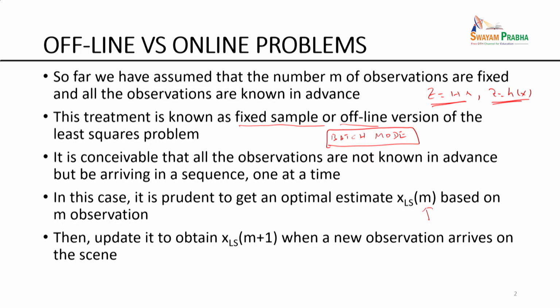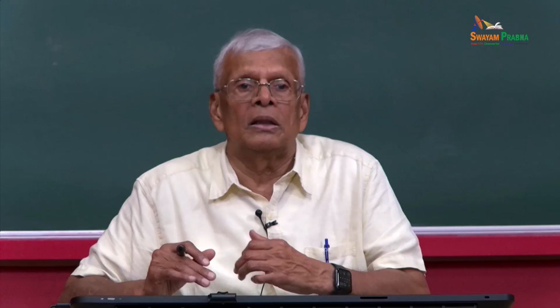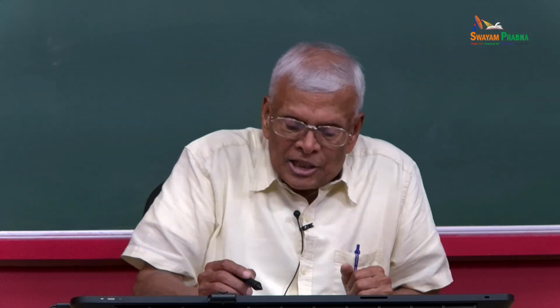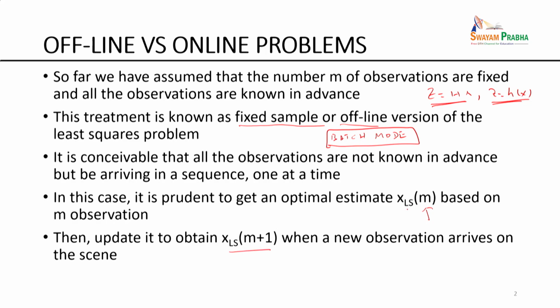This way you continue to be optimal conditioned on the number of samples you have. So I need to update x_LS,m to x_LS,m+1. Here m is the variable, m is the number of observations. So the estimate depends on the number of observations, and the number of observations keeps increasing.